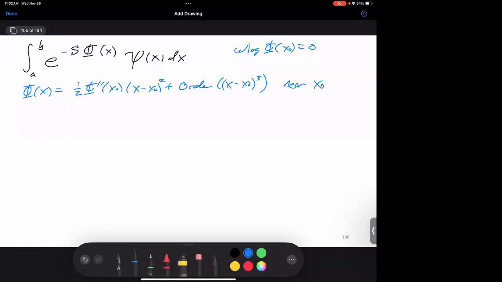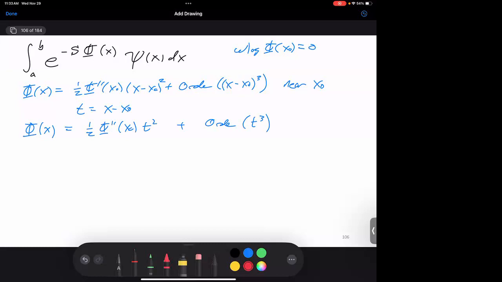All right. So let's change variables. Let's let t equal x minus x naught. So we get basically phi of x, I'll just keep it like this. Phi of x is going to be 1/2 phi double prime of x naught t squared plus something of order t cubed.